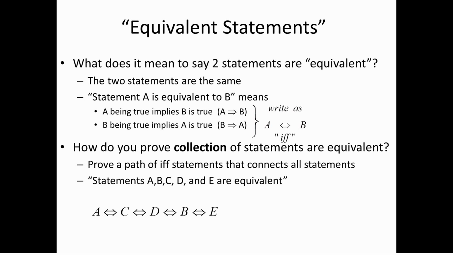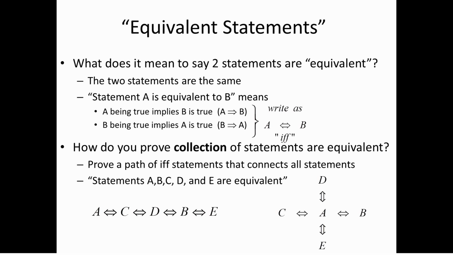So this is one example. In other words, given any one statement, I can get to the other statement, and of course backwards. But there are other ways of doing it. I could, for example, prove the following. And again, I can get to any other statement from any given statement.